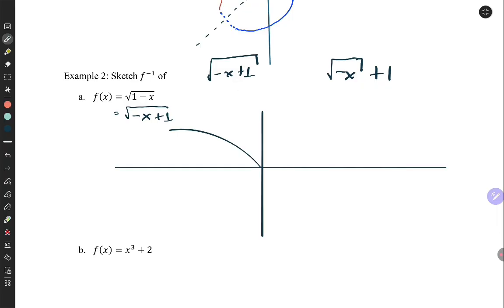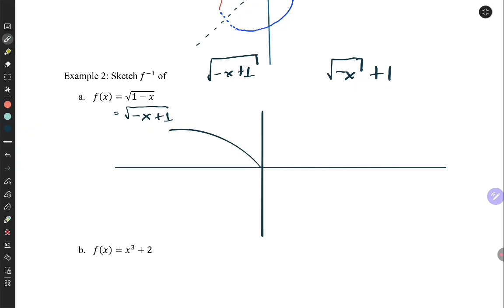Hold on. You remember? It should be shift to the right, right? Plus 1. Hold on. Let me do the calculation. x plus 1.